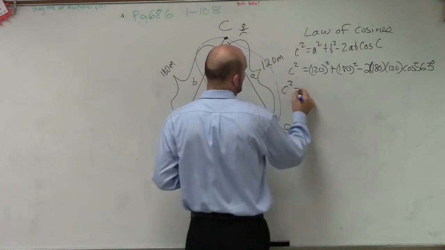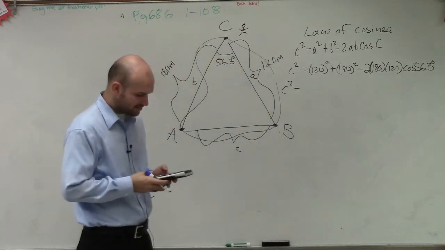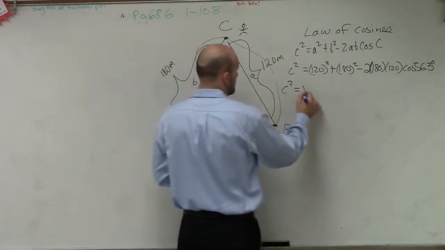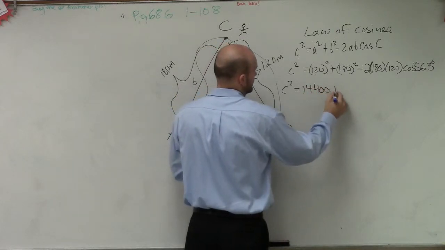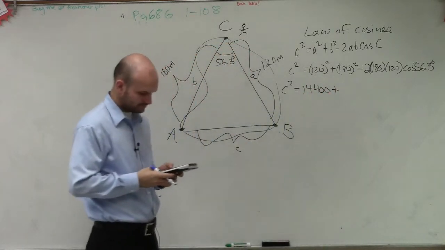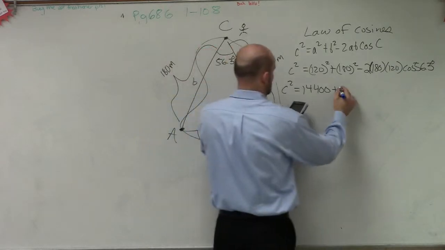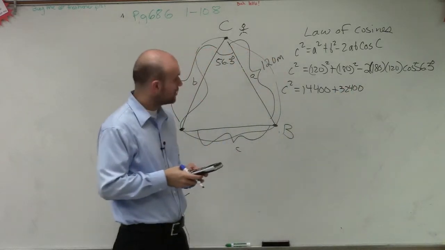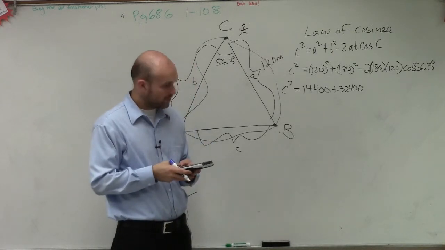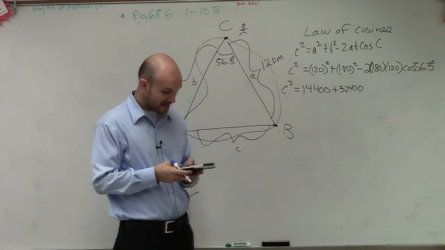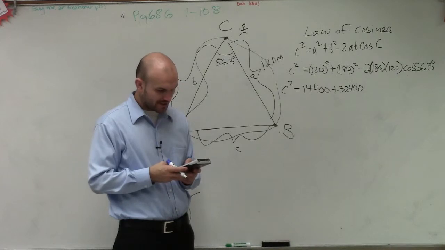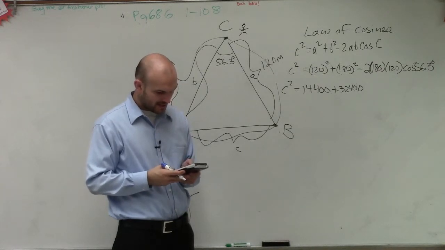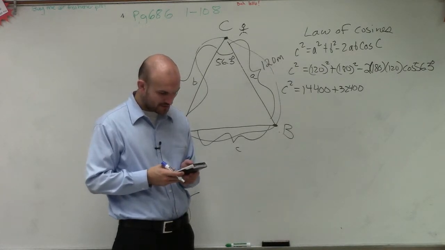So let's go ahead and now write out what we have. So c squared equals 120 squared, 180 squared, and then minus 2 times 180 times 120 times the cosine of 56.3. And we've got to make sure we're in degree mode, which we are.